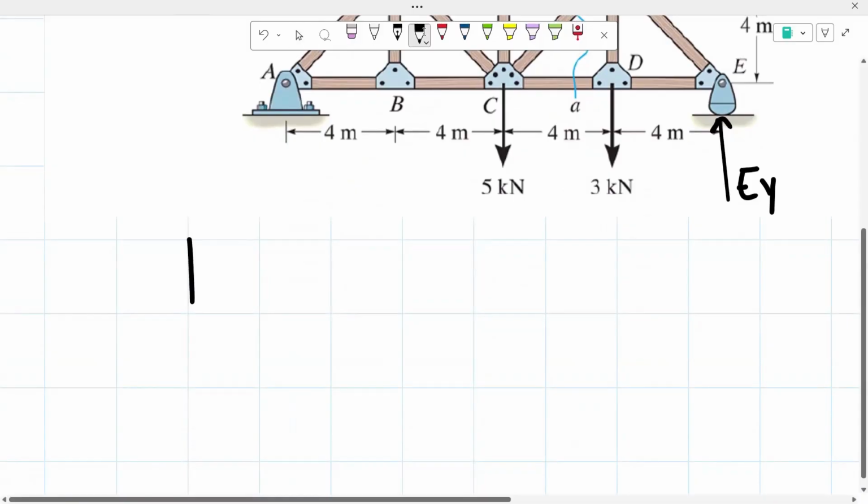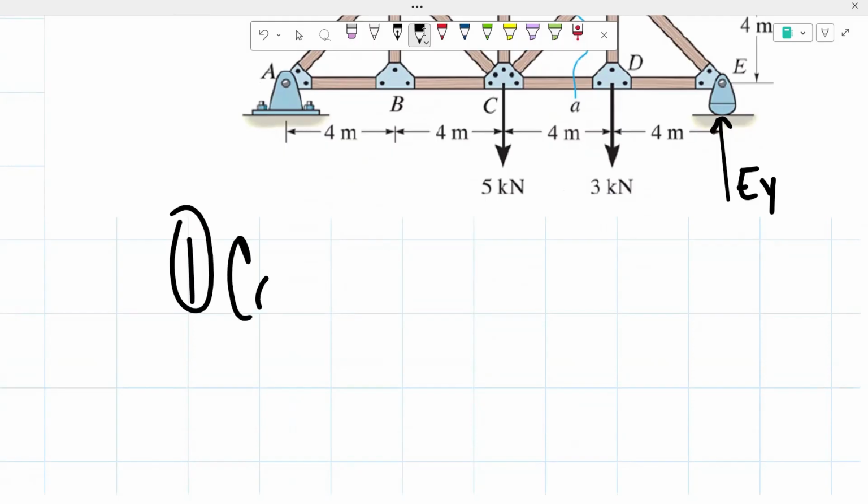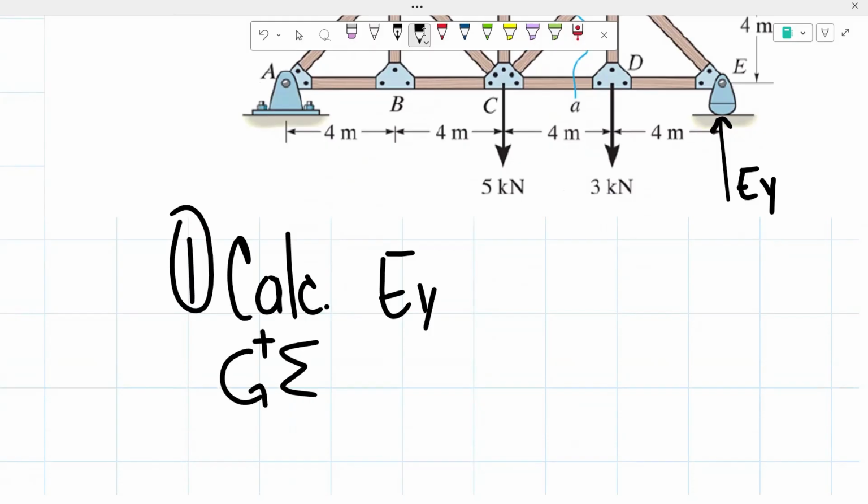So the first step would be calculating E sub y. Sign convention: counterclockwise is positive. The sum of the moments about point A has to equal 0. From there we have this 5 kilonewtons that's acting downwards.